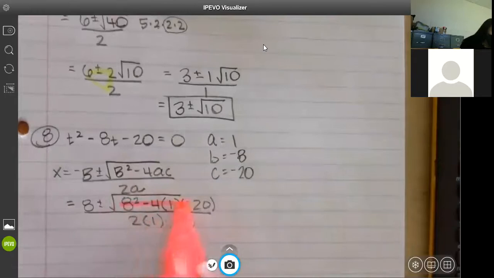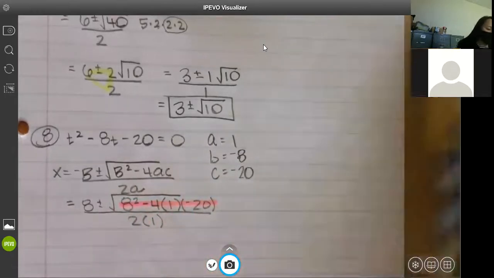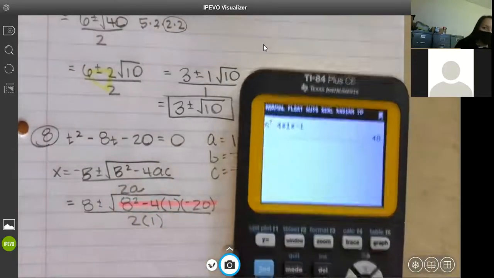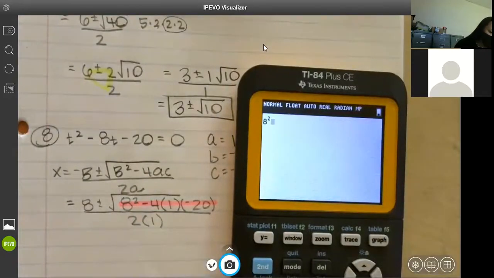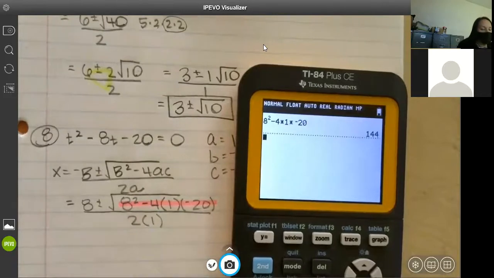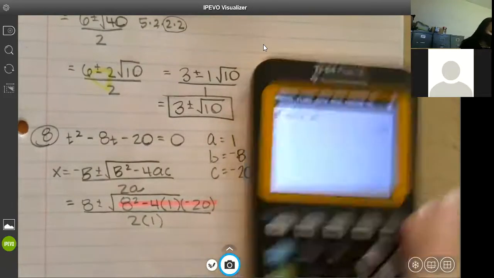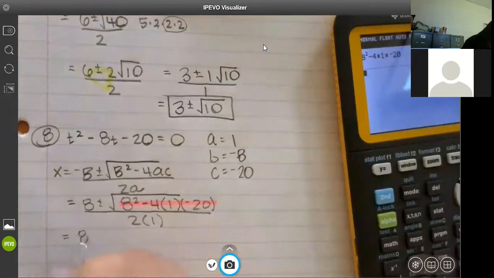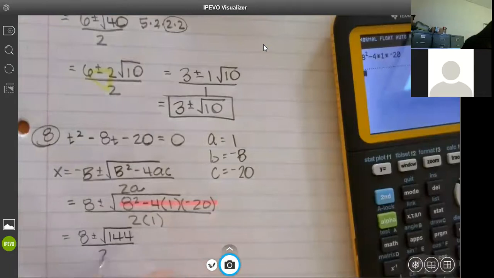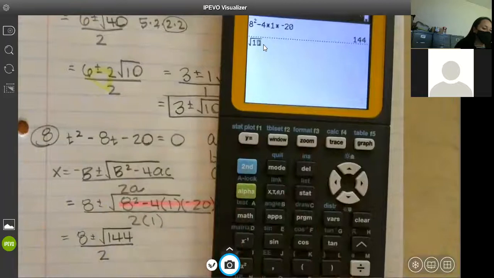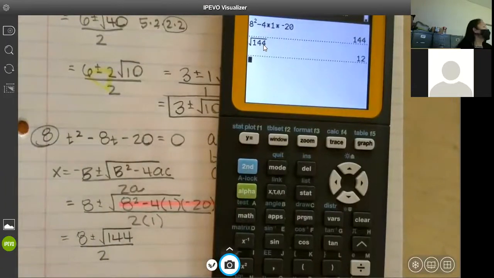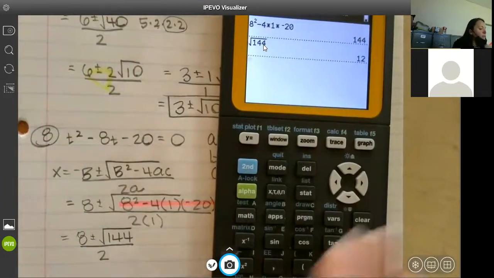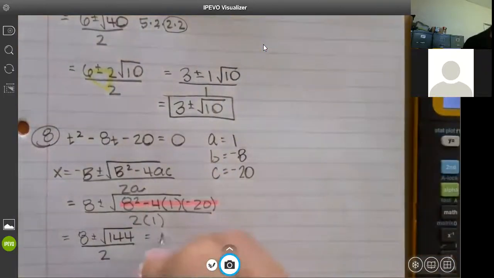Remember, just do this part. So I'll put that in my calculator. 8 squared minus 4 times 1 times -20. What do we get? 144. Two times 1 is 2. We need to break down 144. Guys, I always check to see if it's an actual square root first. This one is, so I don't need to break it down. I just change it to 12.